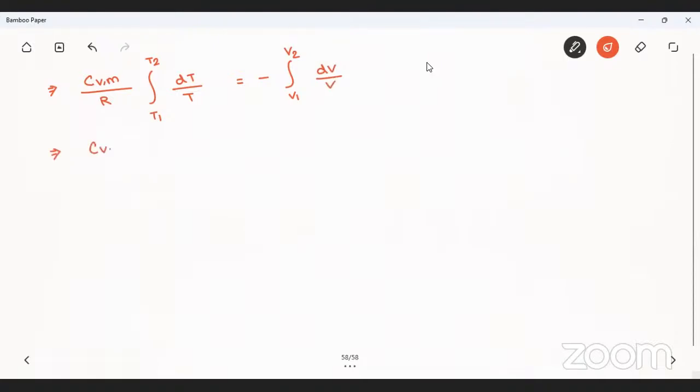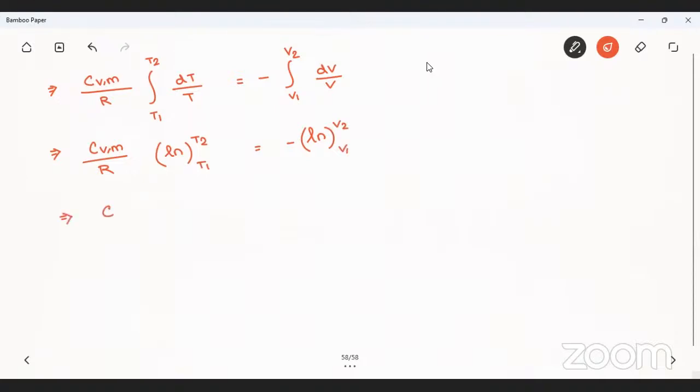So CVM by R ln T2 by T1 is equal to minus ln V2 by V1.